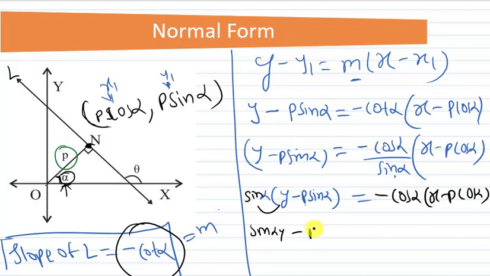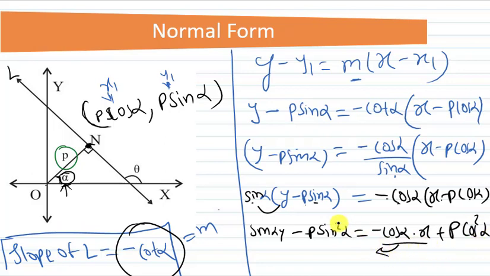Now multiply sin alpha into y, sin alpha y minus p sin into sin square alpha equals to minus cos alpha into x minus cos alpha into x, minus into minus plus p cos into cos square alpha. Right?